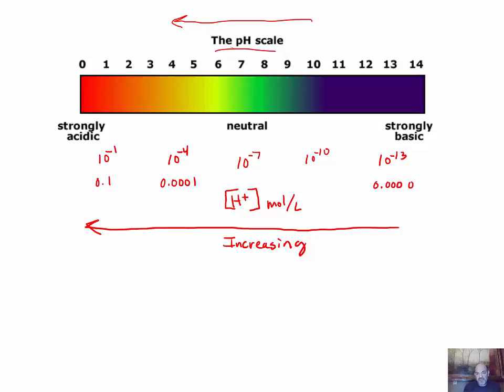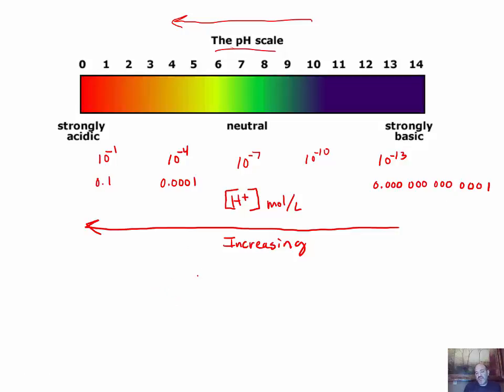We've got to keep going. 6, 9, so that's tenths, hundredths, thousandths, so we've got to keep going. 9, 10, 11, 12, 13. So it'd be that small amount of moles of hydrogen ions per liter.